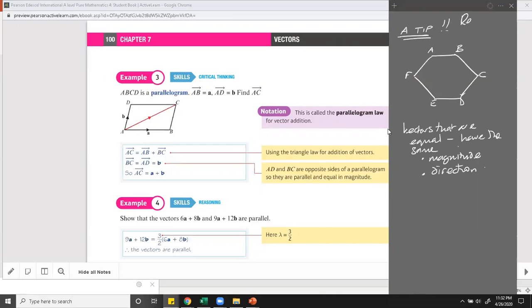So here, for example, a regular hexagon. Now, we know that if this is regular, and this was called A and this was called B, a regular hexagon is constructed of equilateral triangles.